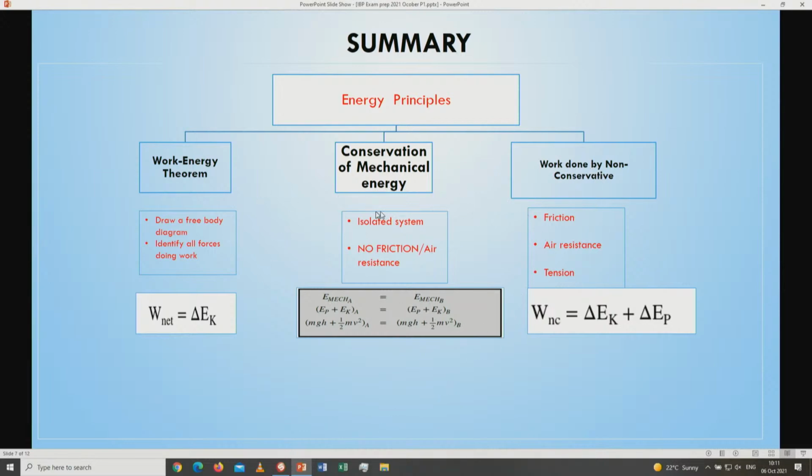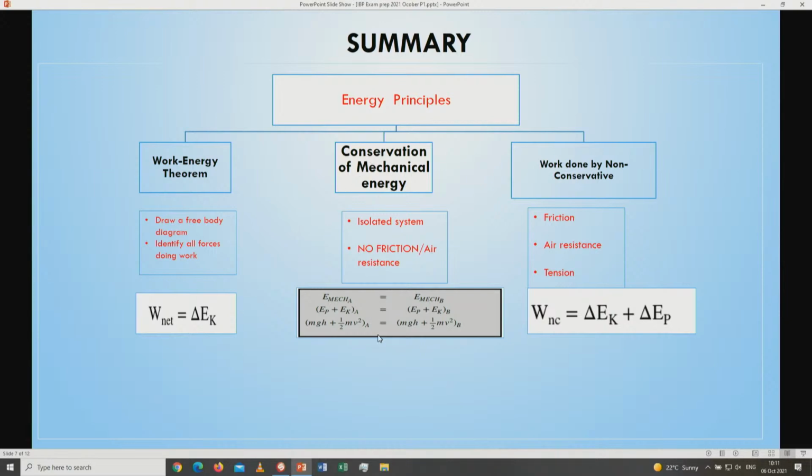So they feed on each other. How do they do so? If friction is there, it means I cannot use conservation of mechanical energy, but I can also use work energy theory. But if there is no friction, it means I can directly go to conservation of mechanical energy and work energy theory. So the two will always be applicable depending on which information is given.